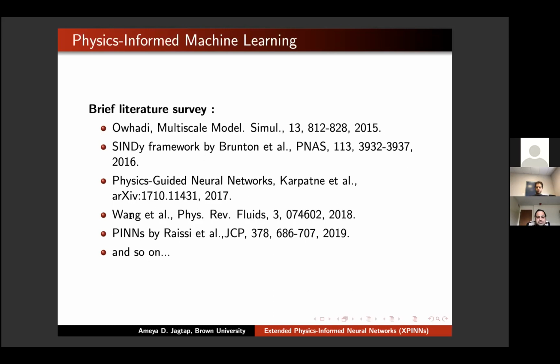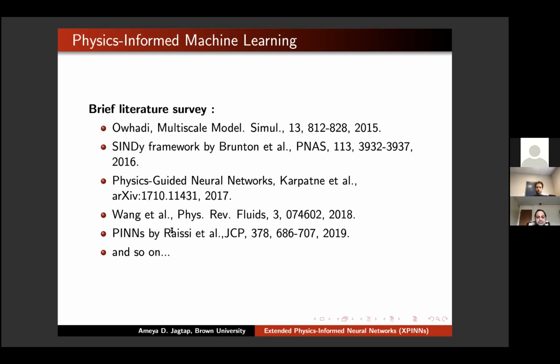Wang and others proposed physics-informed neural networks for turbulence modeling. And more recently, Raissi and others proposed the PINN framework for solving PDEs and so on. This is just a brief literature survey.